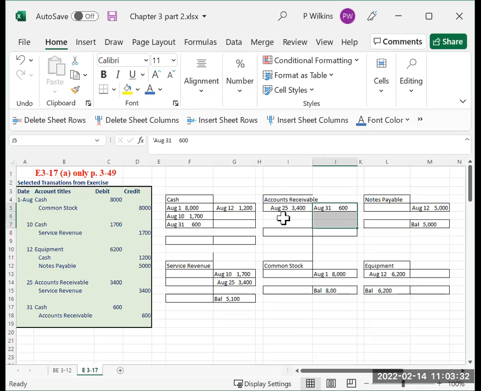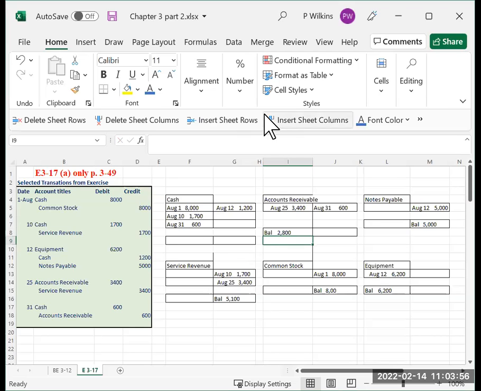So the balance is going to be on the bigger side, which is the debit side. Accounts receivable is an asset. Assets do have a debit balance, so it is going to be on the correct side. So we're going to subtract $600 from $3,400. $3,400 minus $600 gives us $2,800. So the balance is going to be $2,800.